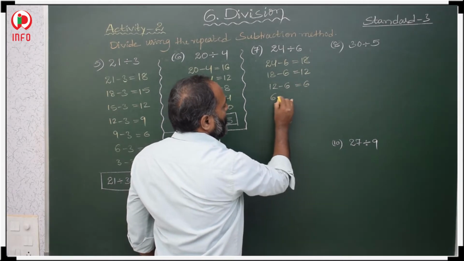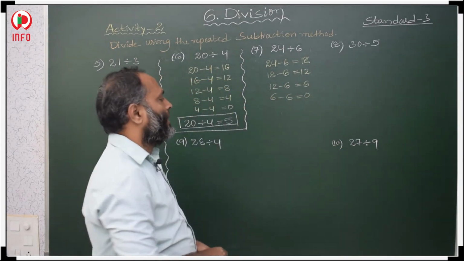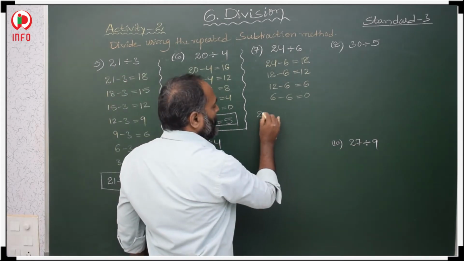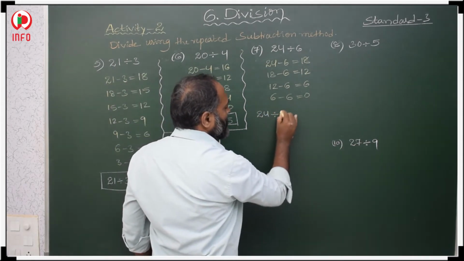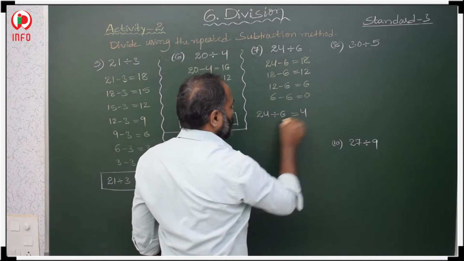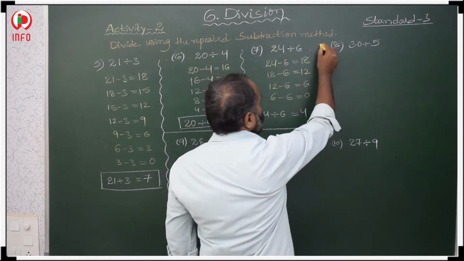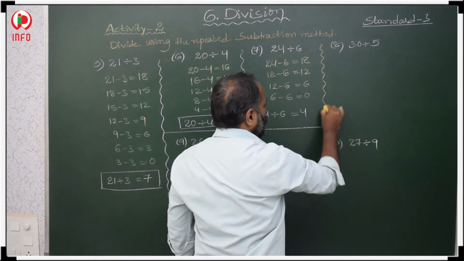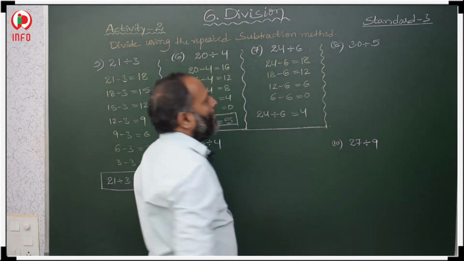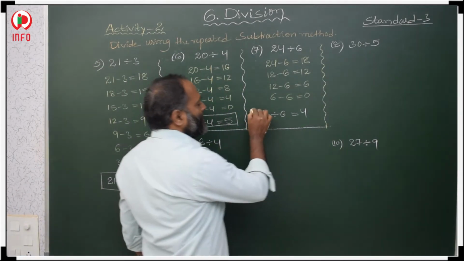Again remainder minus divisor, 6 minus 6 is 0. It means 24 divided by 6 is equal to 1, 2, 3, 4. At the fourth step, it is 0. So 24 divided by 6 is 4.